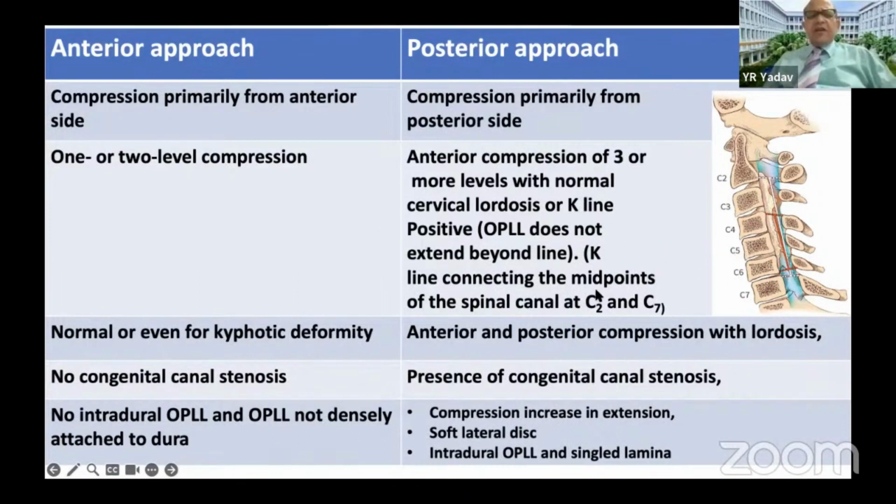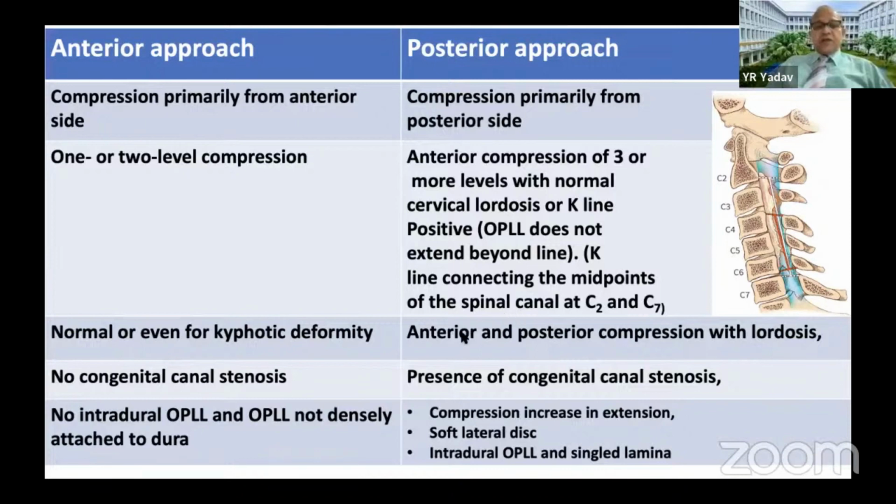Because limited decompression up to 2 level, 3 level, or multiple level disc also can be done. But I told you that the morbidity of extensive anterior decompression is higher. The pseudoarthrosis and other complications related to failure of graft take-up are very high.